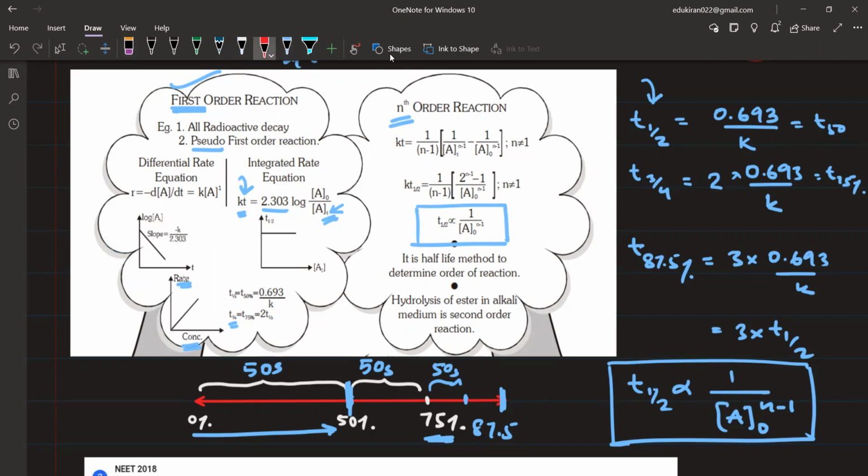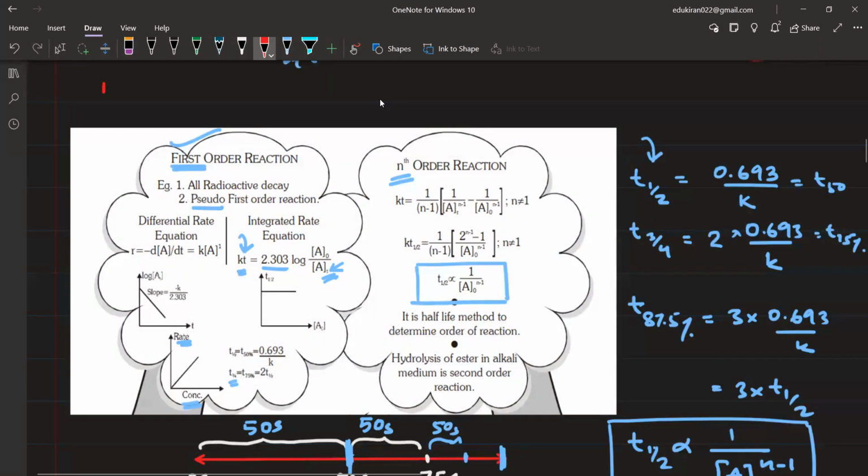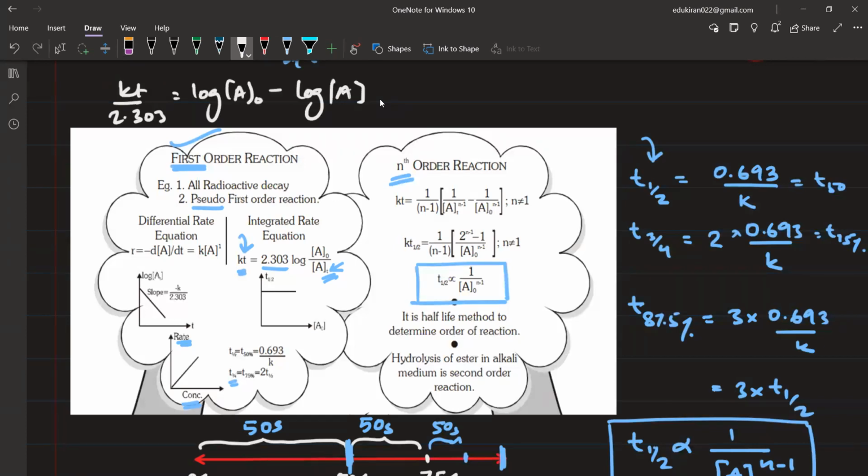If you want to know the equation from where this came, I hope you can write this as 2.303. You can write this equation as KT is equal to, or rather I will write it like this: KT upon 2.303 is equal to log of A naught minus log of A, using the rule of log: log of A upon B is equal to log A minus log B, right? Now what can we write from this? According to Y is equal to mx plus c, minus log A we bring to the other side.